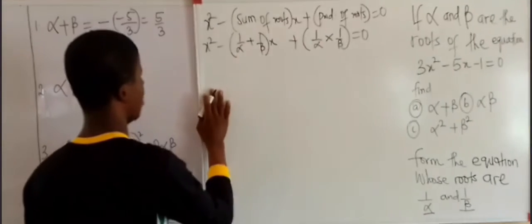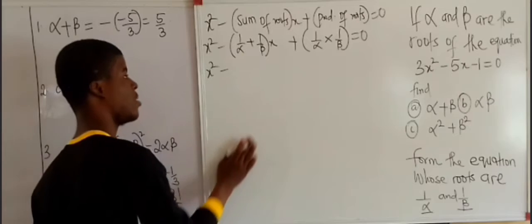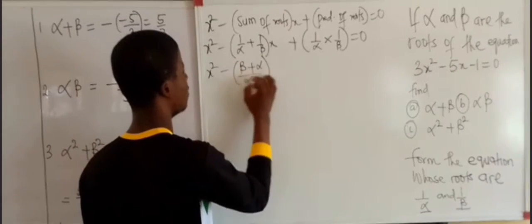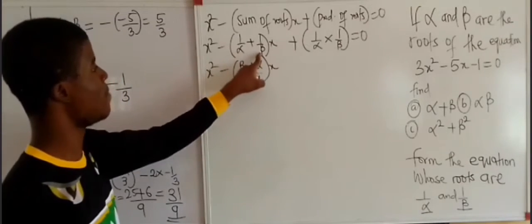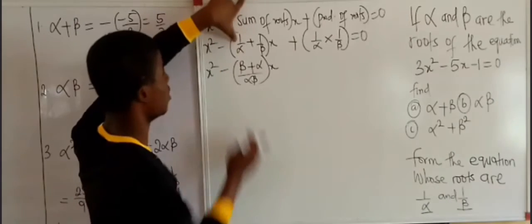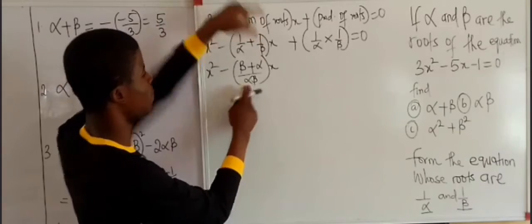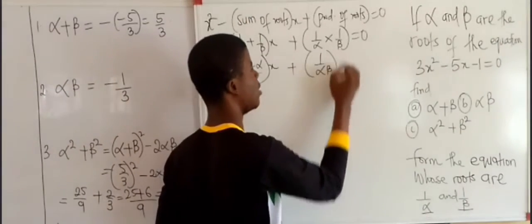So I have x squared minus, simplify this 1 over alpha plus 1 over beta, I have beta plus alpha over alpha beta times x. It's simple. The LCM of alpha and beta is alpha beta. So alpha beta divided by alpha is beta times 1, beta. Alpha beta divided by beta is alpha times 1 is alpha. So plus, this is 1 over alpha beta equal to 0.